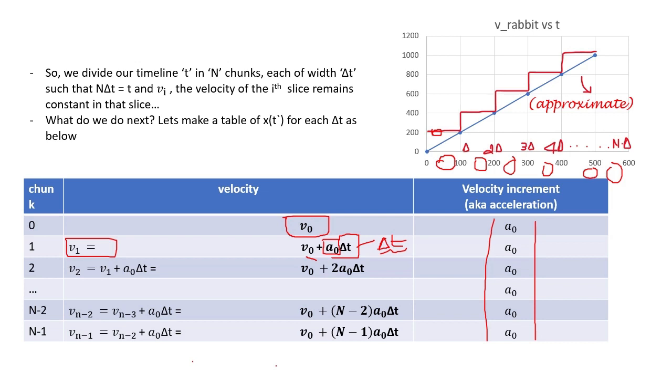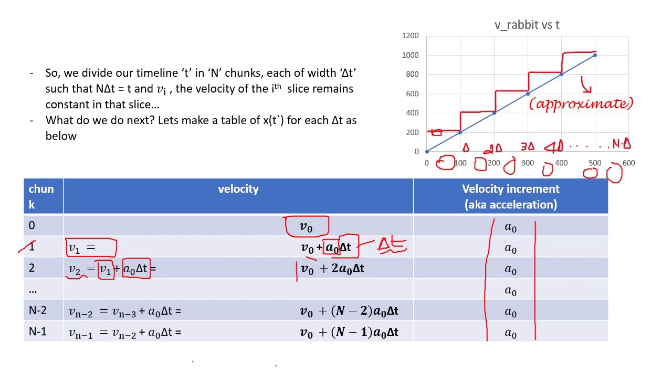So in our instant number 1, our velocity is v naught plus a naught delta t. In instant number 2, the velocity increases because when the instant started, its initial velocity was v naught, to which we also add a factor of a naught delta t.